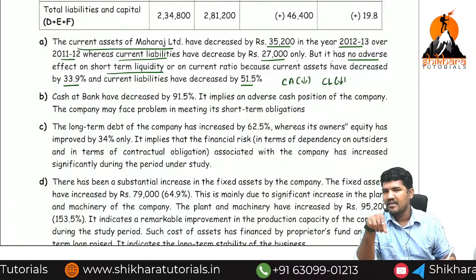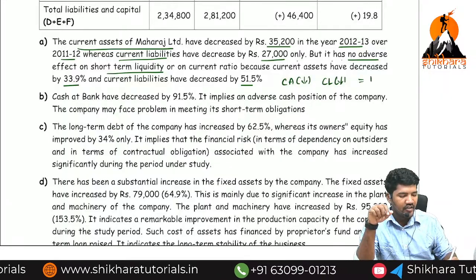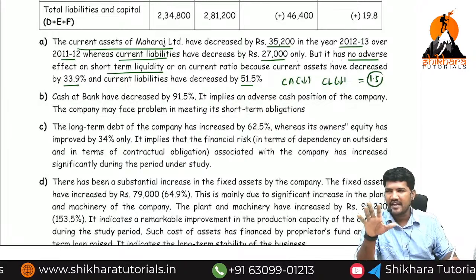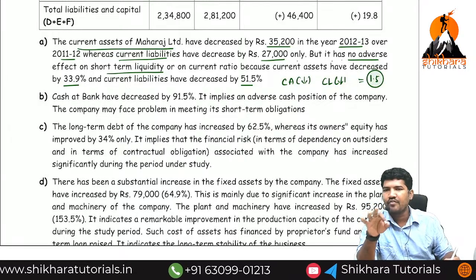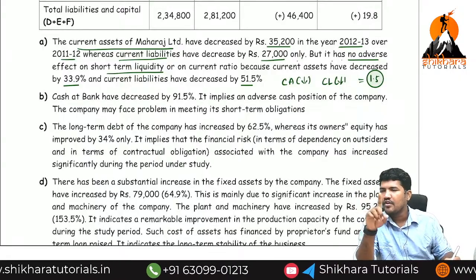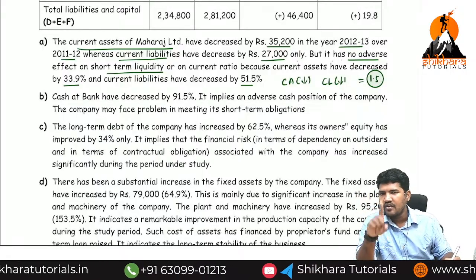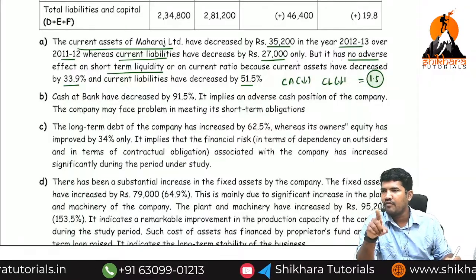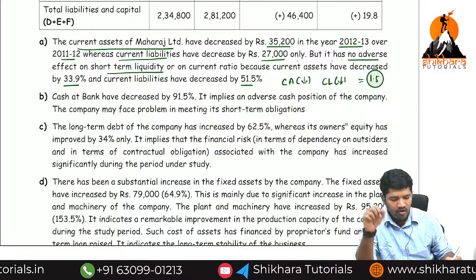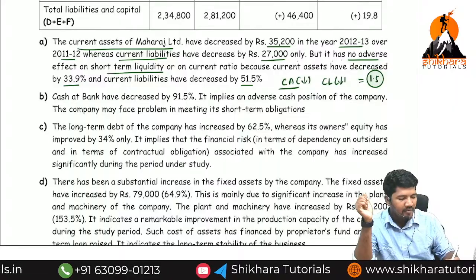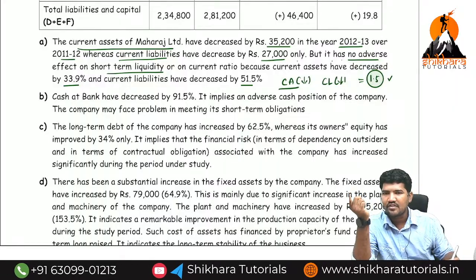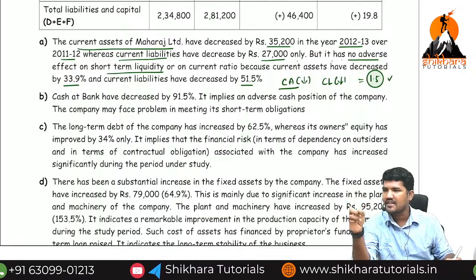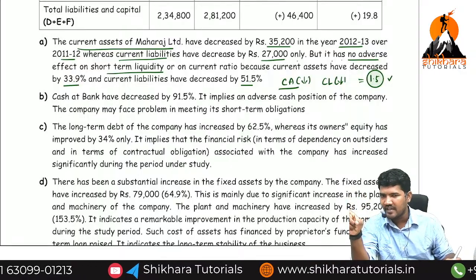Hope you understand. That's why automatically your ideal ratio needs to be maintained at 1.5 times. For example, there is an ideal ratio for current ratio. Every company needs to follow 1.5 times. It means if your company has 1 rupee of liability, you have to maintain 1.5 of current assets. If current assets decrease, automatically this ratio also decreases. If the numerator decreases, the answer also decreases.